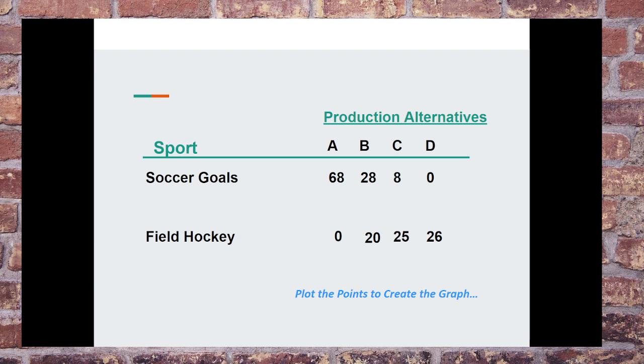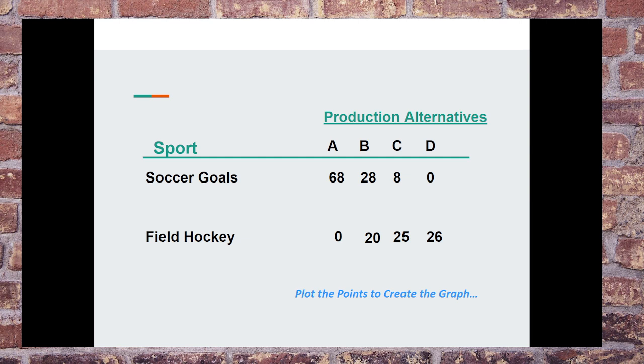Those 5 goals cost 20 soccer goals, which means one field hockey goal costs 4. So the first player, the opportunity cost was 2 goals. Now the opportunity cost is 4 goals, and then we move Val, and we lose the 8 goals, and we only pick up 1. So the opportunity cost of the third player was 8 goals.